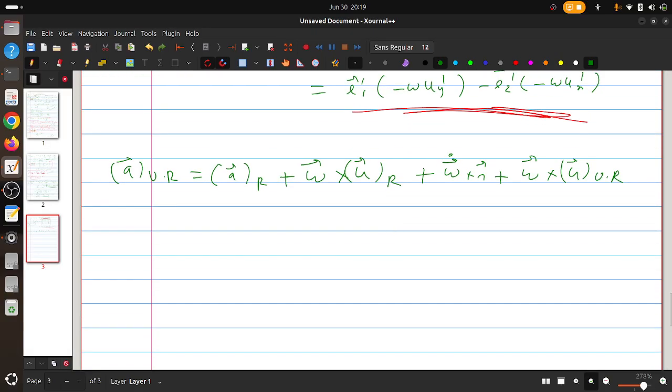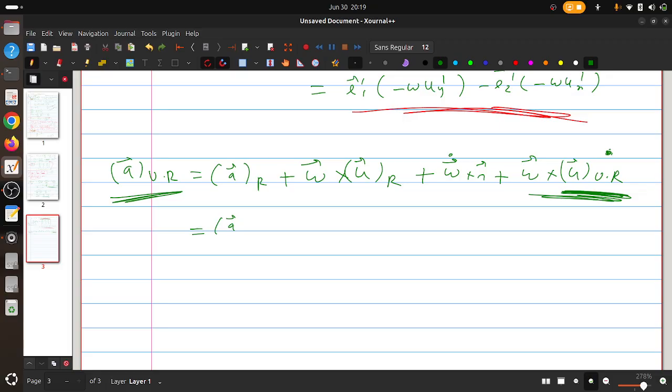So here we want to express this quantity in the unrotating frame as a function of velocity in the rotating frame, right? Because we want to equate LHS and RHS, so here are all the unrotating things and here should be the rotating things, and basically we want to express this rotating frame thing with respect to the unrotating frame. So what I'm saying is that we cannot pull out this thing to the left hand side, right?